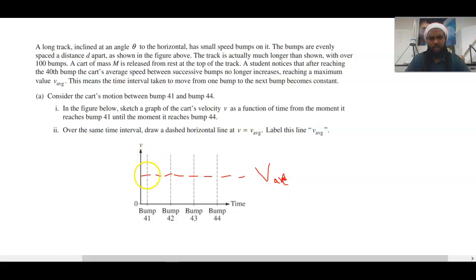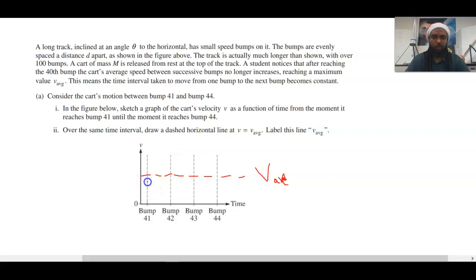So if we think about it, when it hits a hump, it's going to slow down. And in between that time and when it hits the other hump, it's going to speed up. Now the average velocity should be between those two. In fact, with respect to time, that average velocity should be directly halfway between those two.